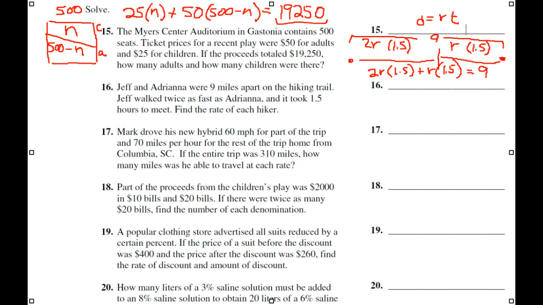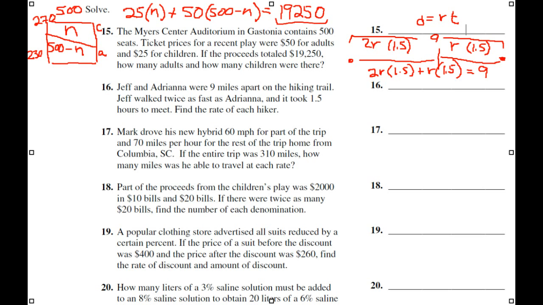And these were 270 children, and this was 230 adults. All right, going on to the next part.